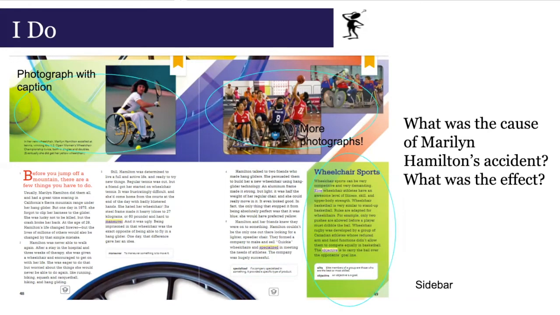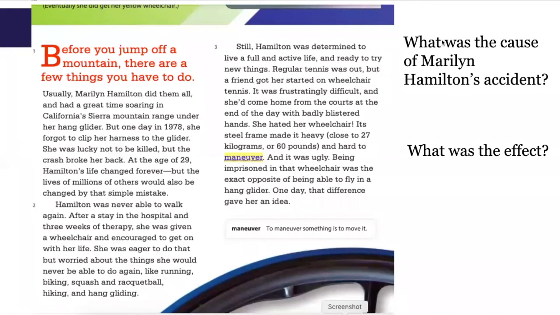Next, I'm going to read paragraph 1 in its entirety to get the gist of what it is talking about. Before you jump off of a mountain, there are a few things you have to do. Usually, Marilyn Hamilton did them all, and she had a great time soaring in California's Sierra Mountain Range under her hang glider.